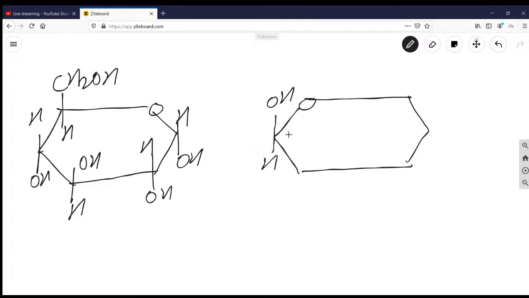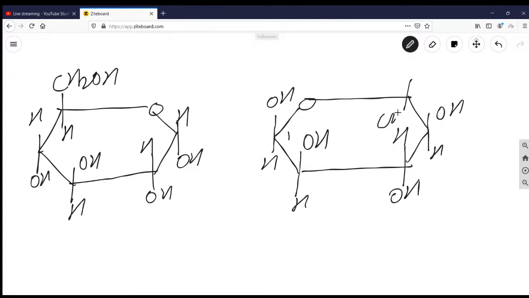Okay, this is the first carbon. Second carbon, OH was down, so OH will be up. Third carbon, flipped, so H will go up, OH will come down. Fourth carbon, H will come down, OH will come up.